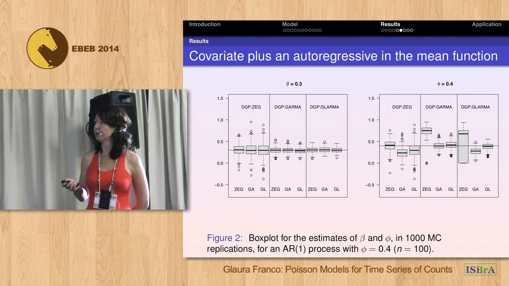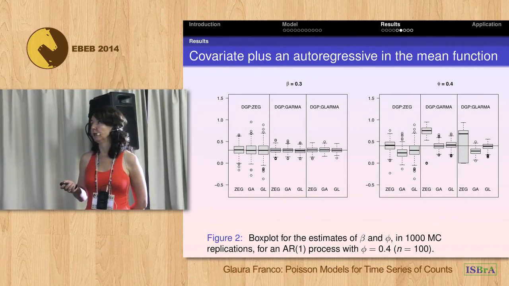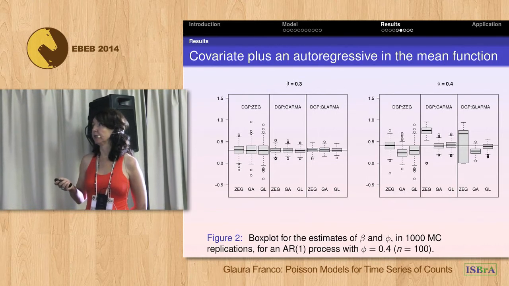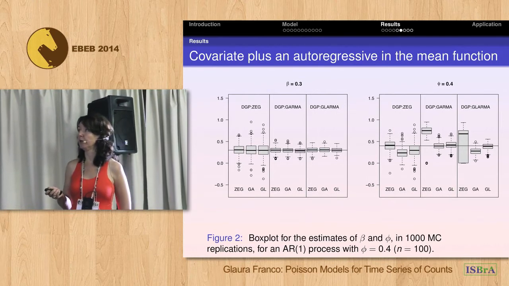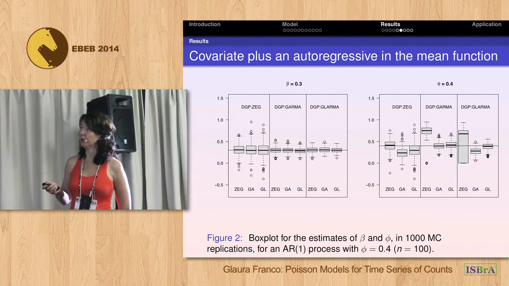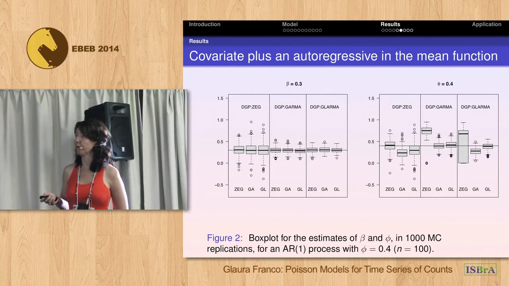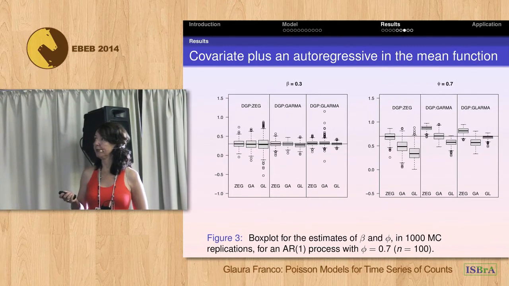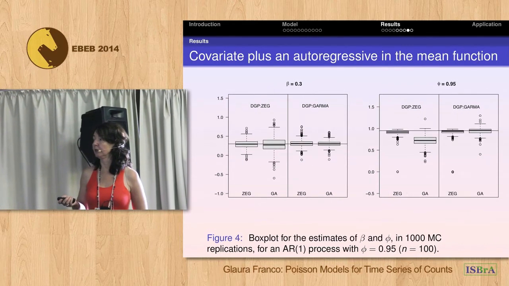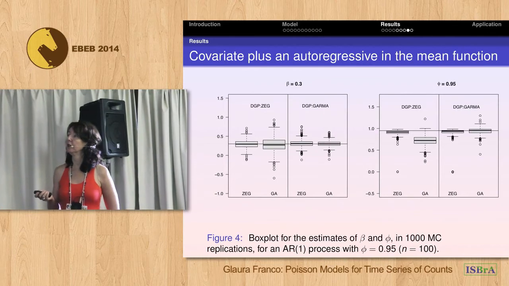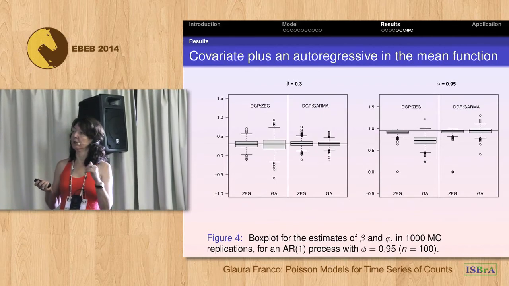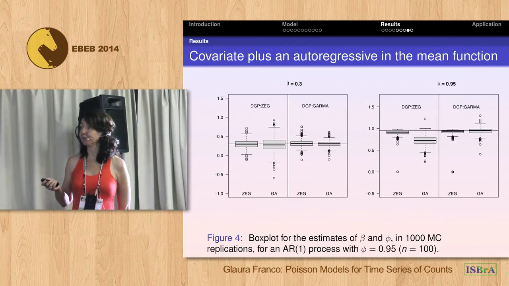But here we have some problems because we just have the exact value for phi when we estimate with the same model that we generated the series from. So it happens for all these cases.